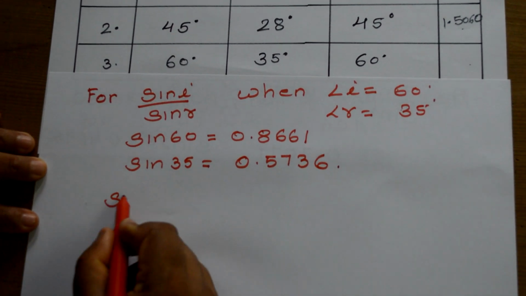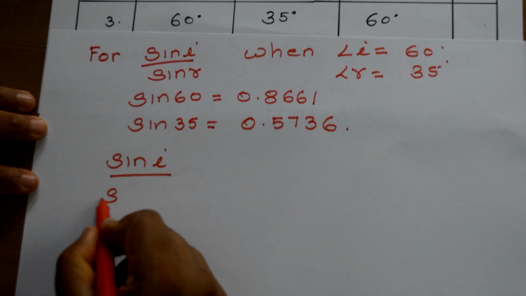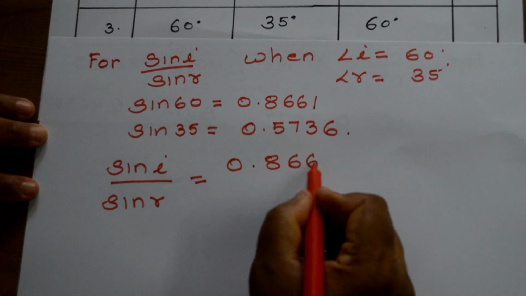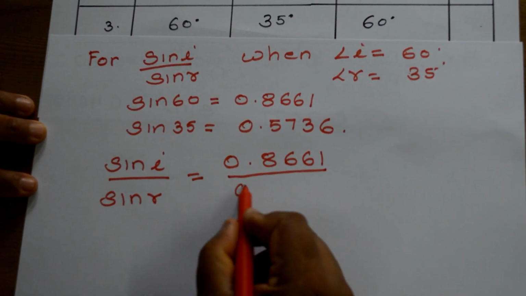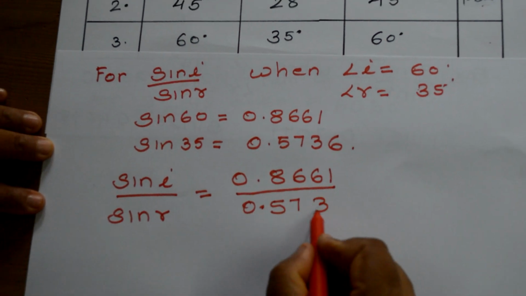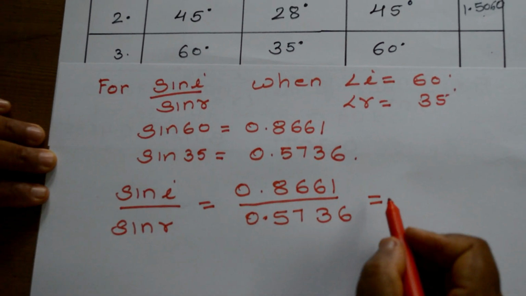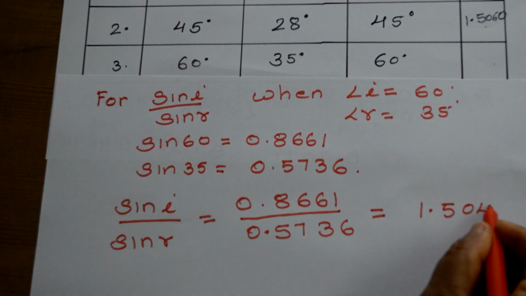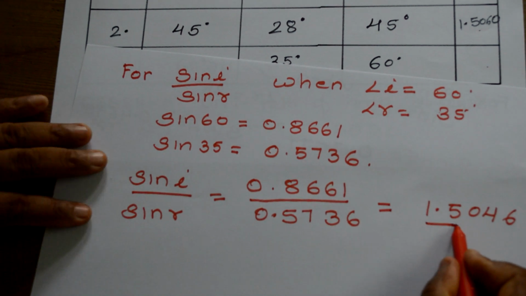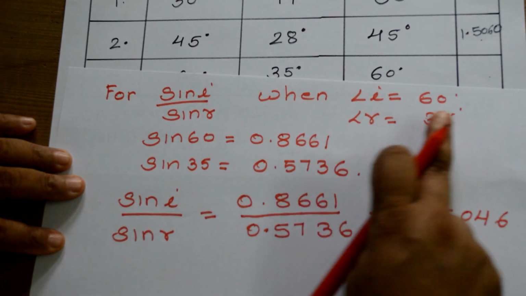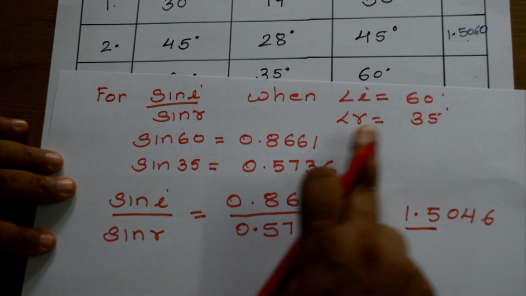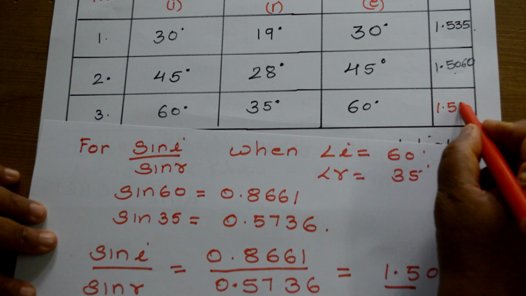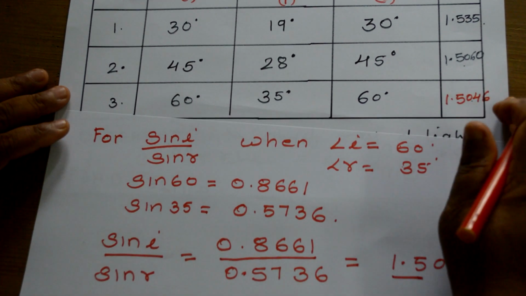So when I take sin I upon sin R, I get 0.8661 upon 0.5736, which will be equal to 1.5046. This is the refractive index when the angle of incidence is 60 degrees and the angle of refraction is 35 degrees.